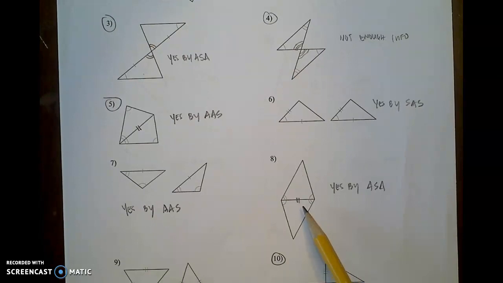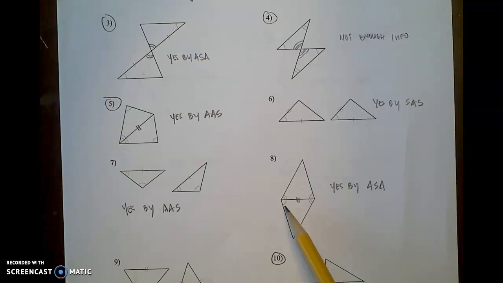Looking at number 8, these 2 triangles share that side. Based off of the markings, we can say that these 2 triangles are congruent by angle, side, angle. They have the same arrangements for each.